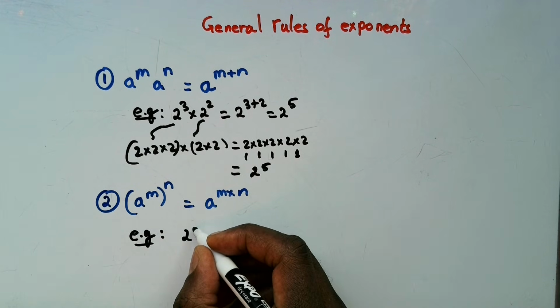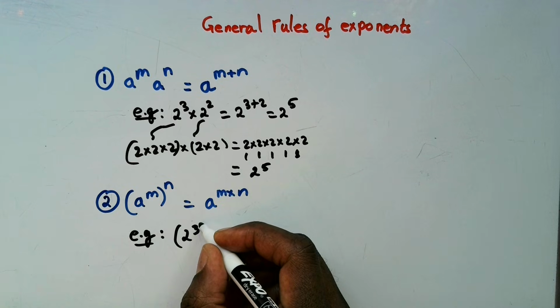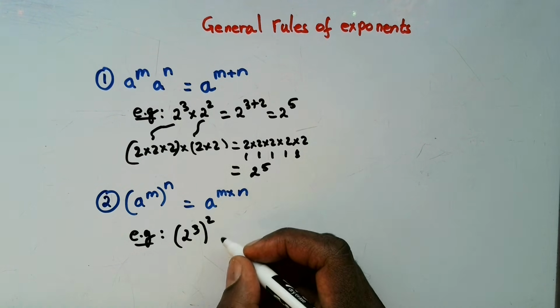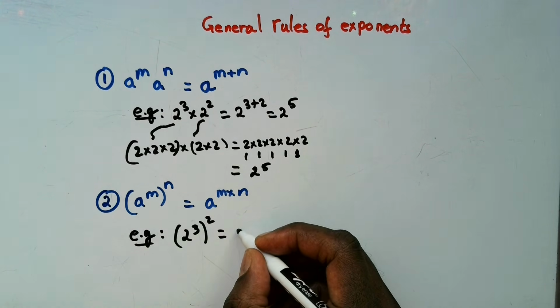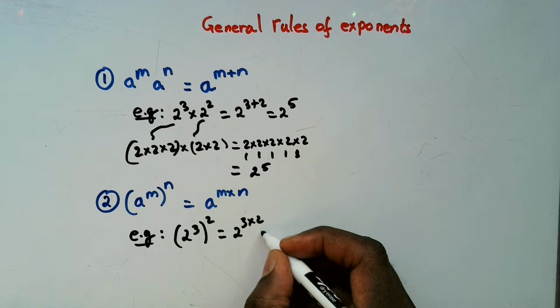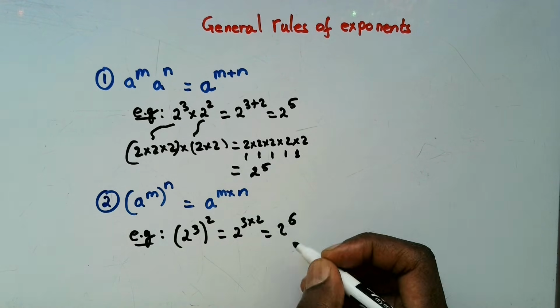Let's say we have 2 to the 3rd power raised again to the 2nd power. So it's going to be 2 to the 3 times 2, which is 2 to the 6th power.